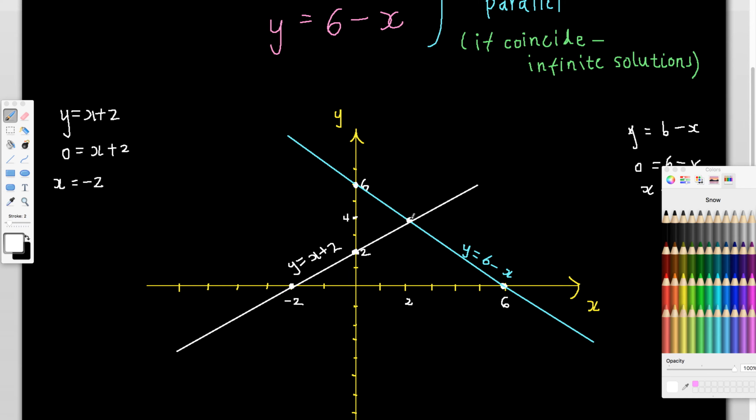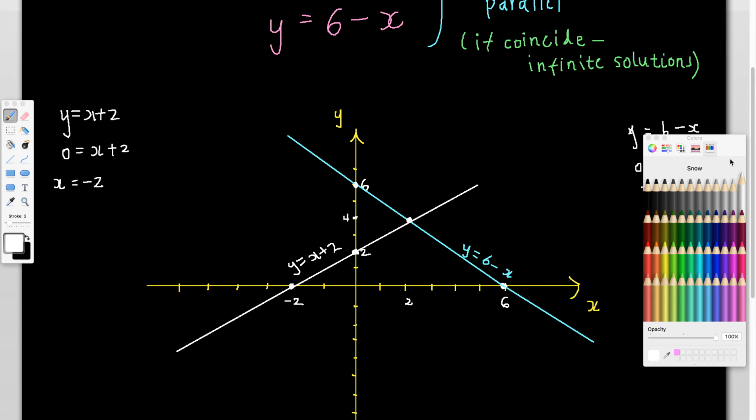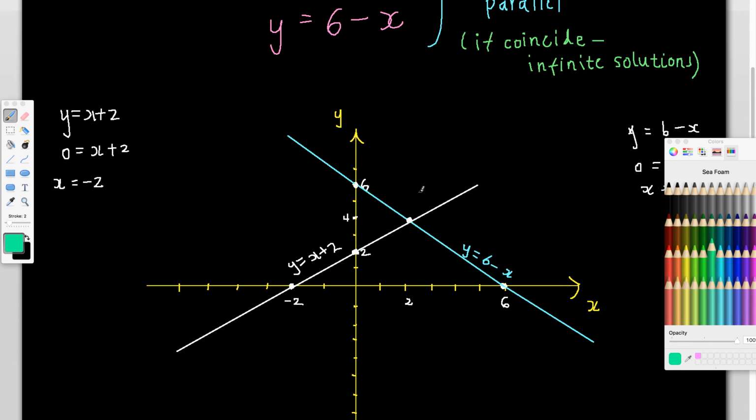If I used graph paper and graphed these perfectly to scale, I would see that the point of intersection, or POI, is 2, 4.